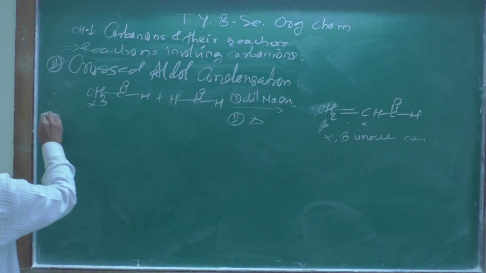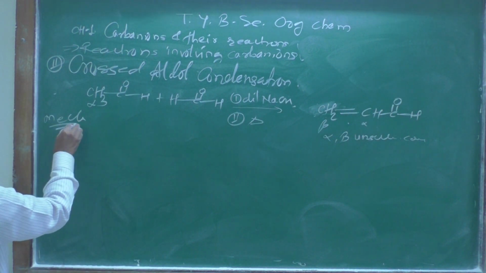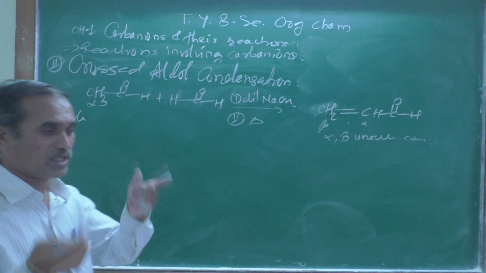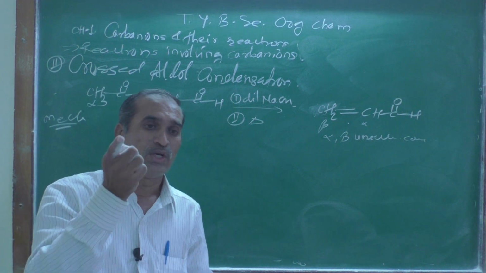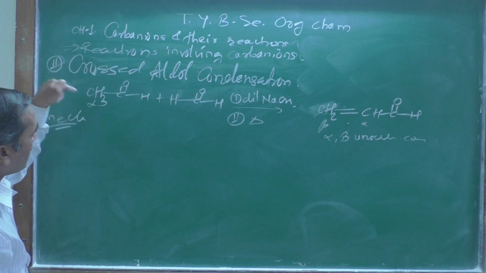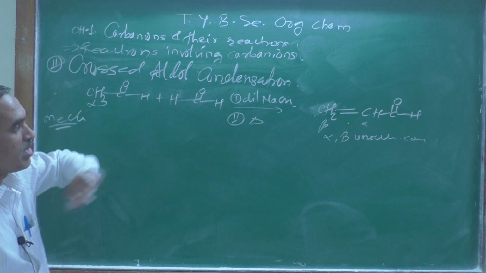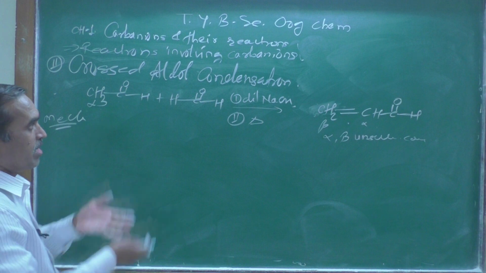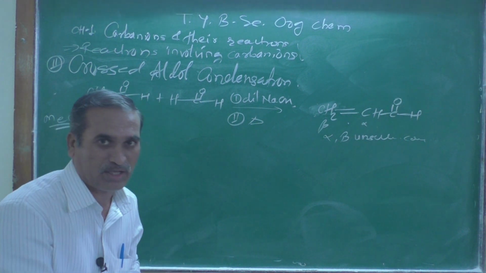So how are we getting this one? Now let us look at the mechanism once again over here. Now, the carbanion we can form only on one molecule, because this molecule has an alpha hydrogen atom. This molecule has no alpha hydrogen atom, and therefore you cannot form a carbanion over there.